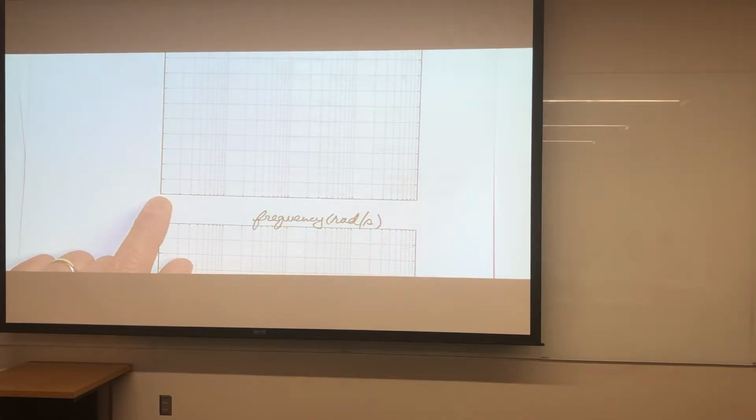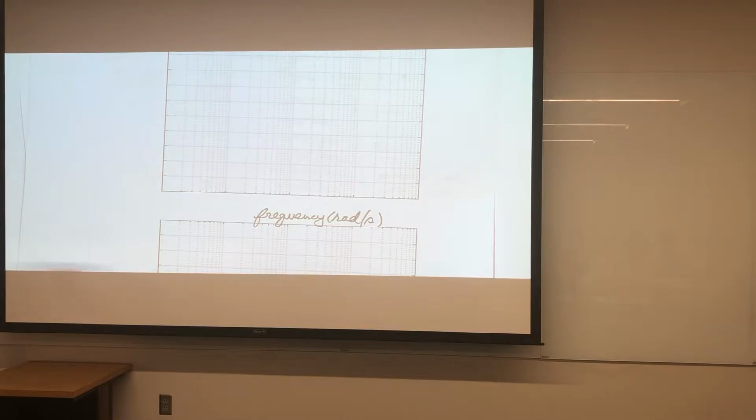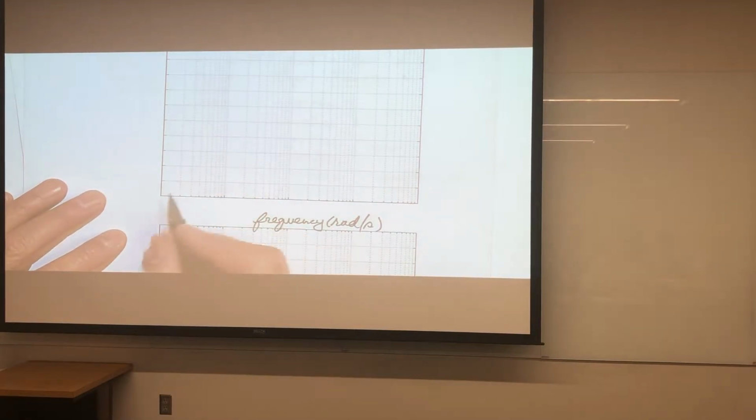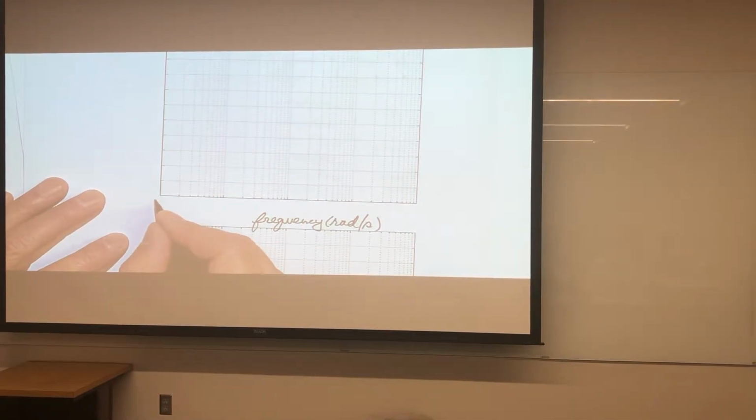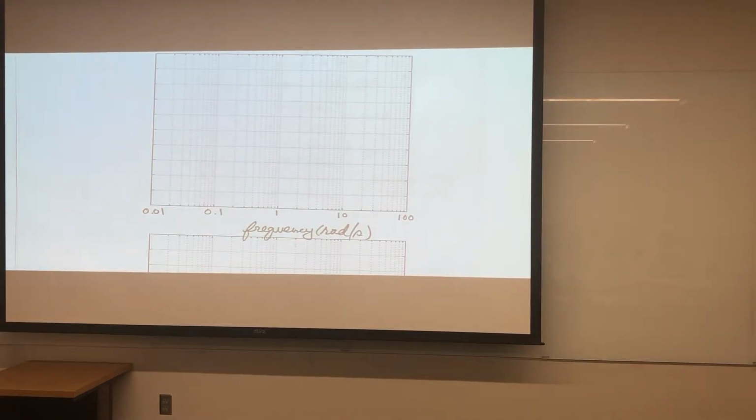If this is 0.01, 0.1, 1, 10, 100. I can't get 300 on here. I'm in trouble. Okay, this is a 4-cycle log paper. I need 5 cycles, but we'll try to get that idea in anyway.